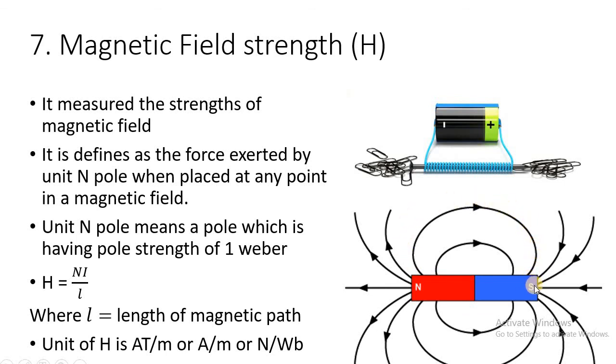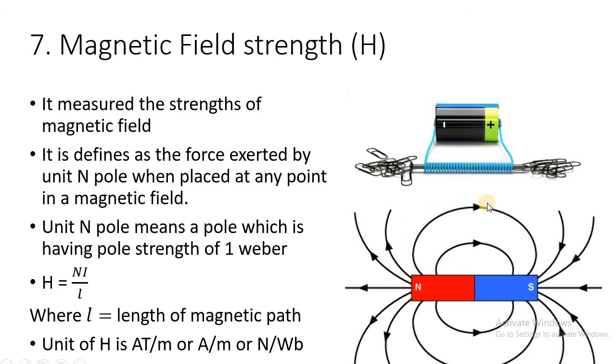Now I think you might have got your answer. The line closer to the magnet has a small length. Because H is inversely proportional to the length, obviously the line closer to the magnet has a higher magnetic strength.